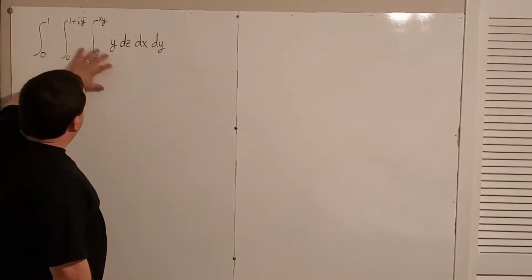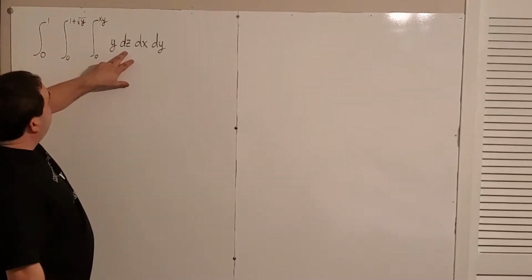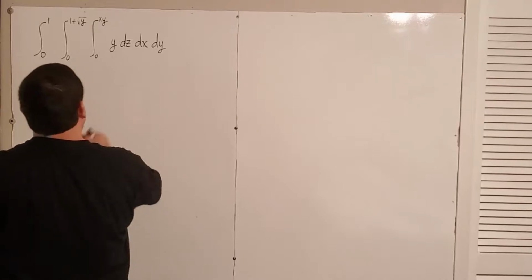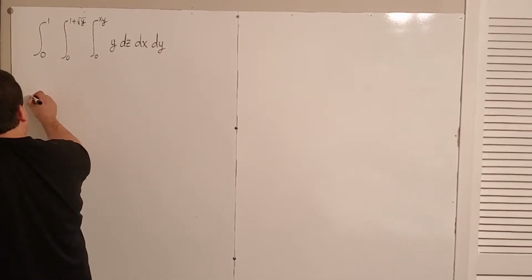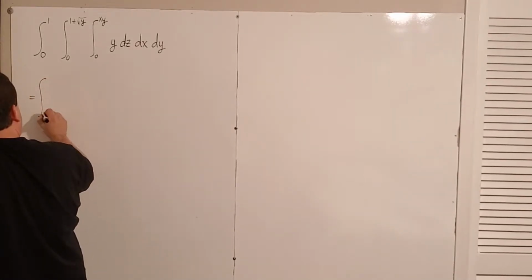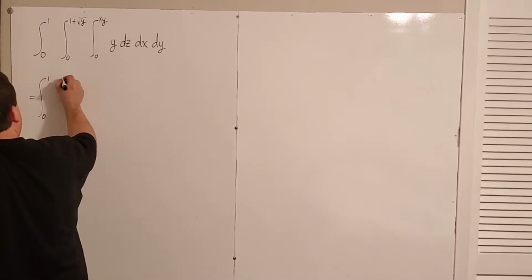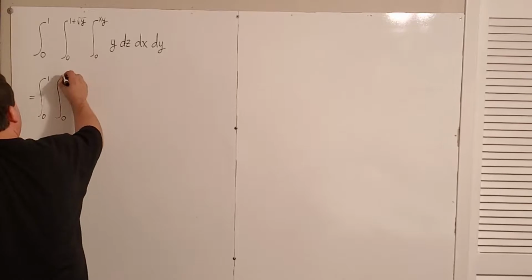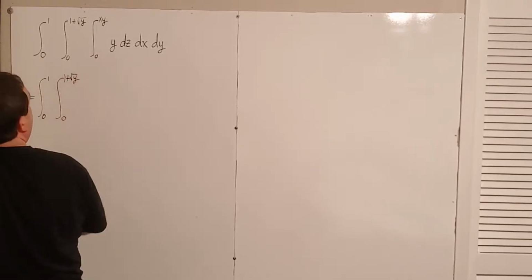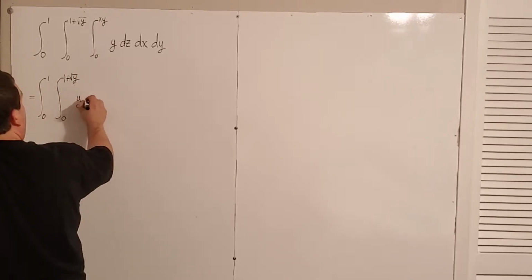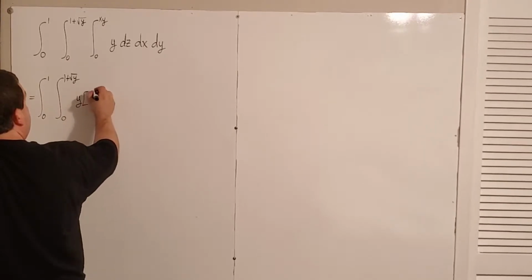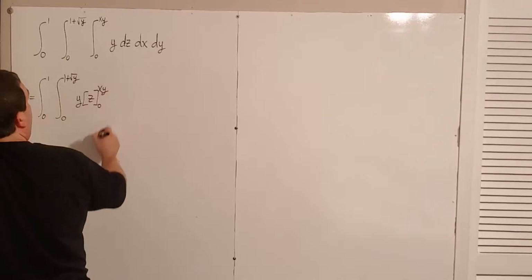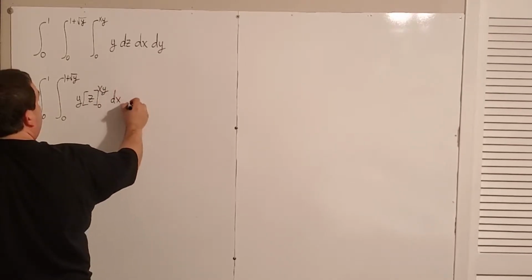I'm just doing the antiderivative of y dz. Y has no z dependence in this case. So we just have integral from 0 to 1, integral from 0 to 1 plus square root of y, y times z evaluated from 0 to xy, dx dy.